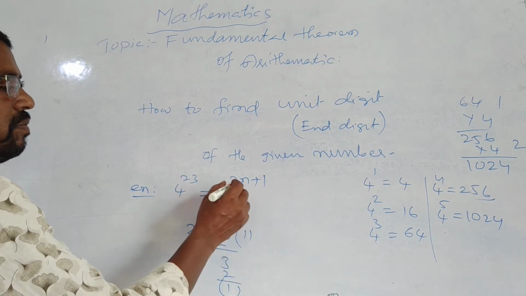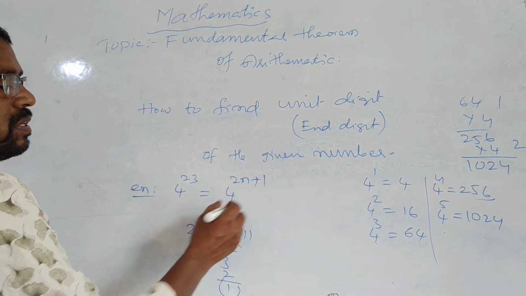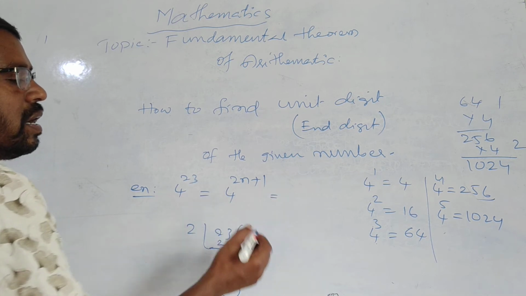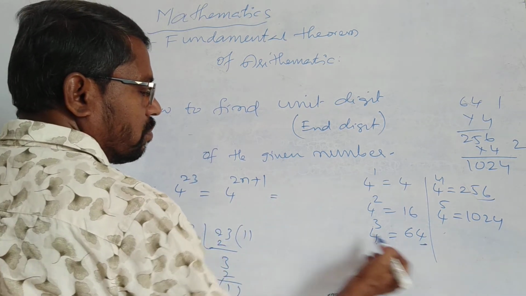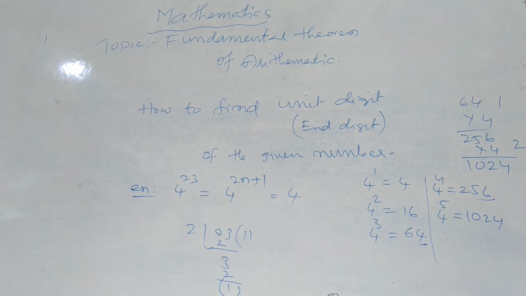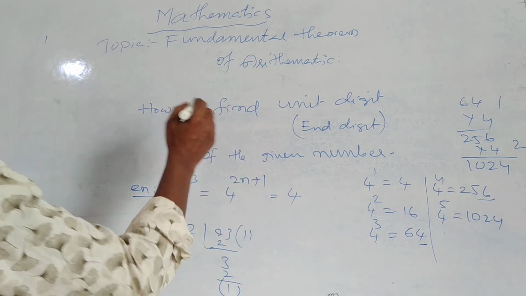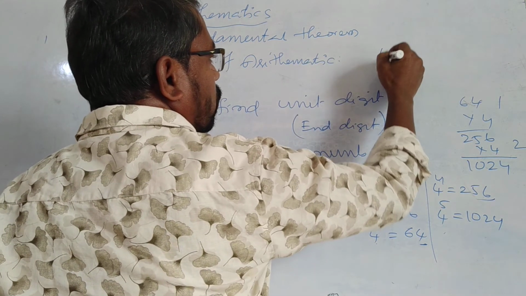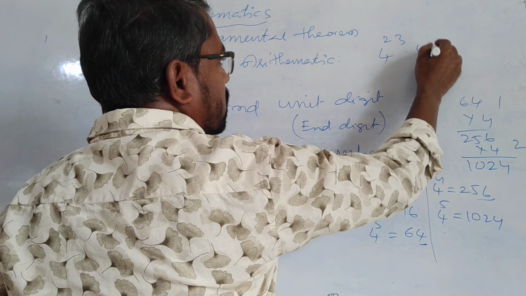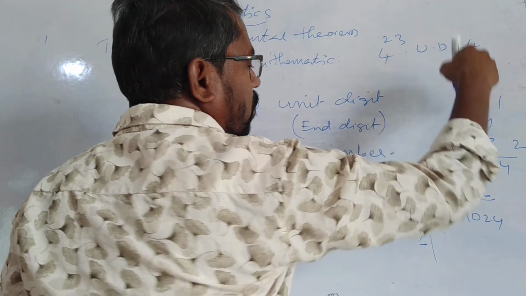This is in the form of 2 into 11 plus 1, that is the odd form. Odd form means what is the unit digit now? 4. So we can conclude that the unit digit of 4 power 23 is 4.